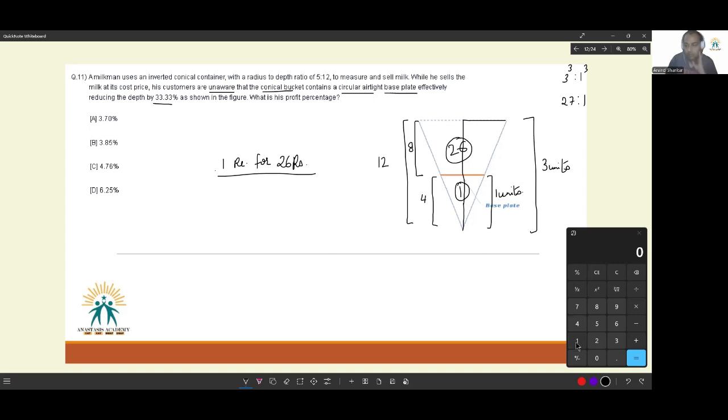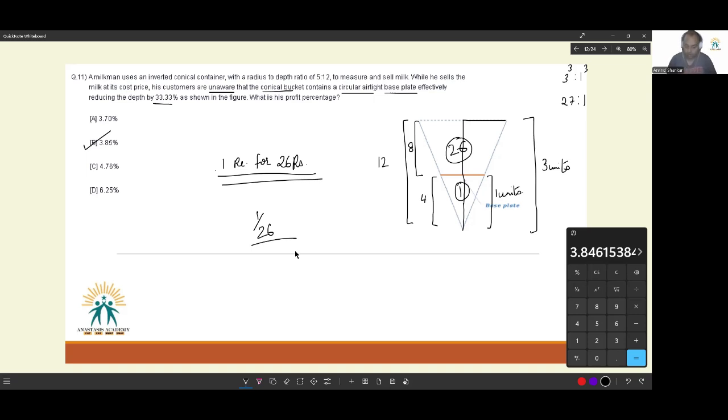So his profit will be 100 divided by 26, which is equal to 3.846 or 3.85%. His profit percentage is 1 by 26.